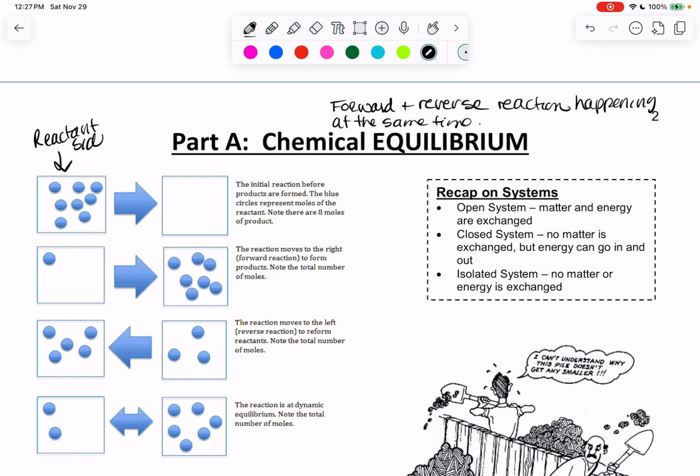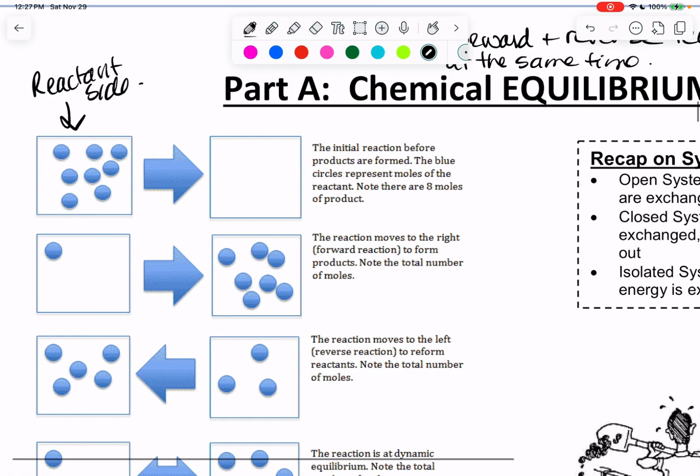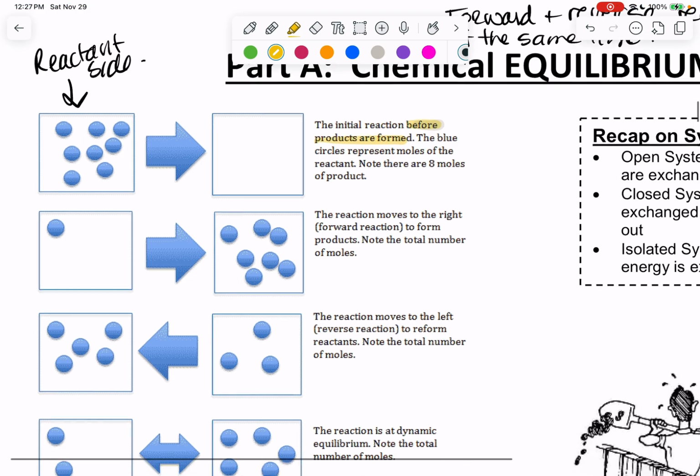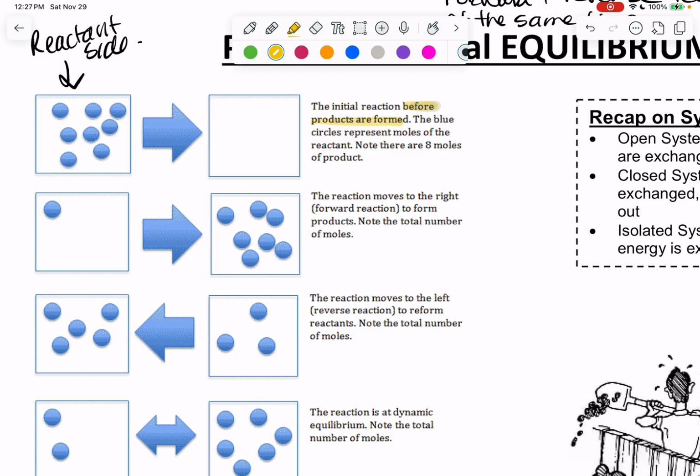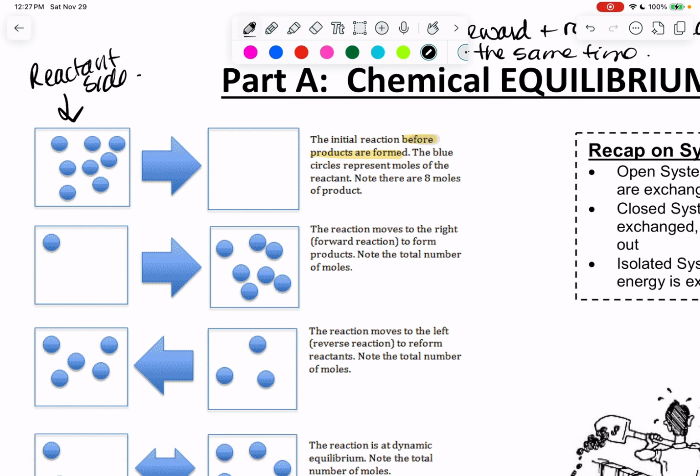When we start the reaction, everything starts out on the reactant side, and there are no products. So this is before products are being formed. As time moves on, most of the substances become products.